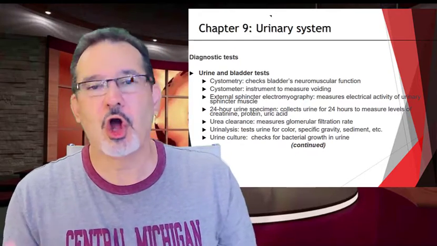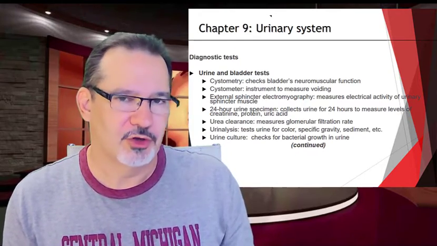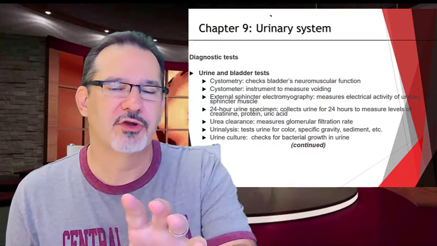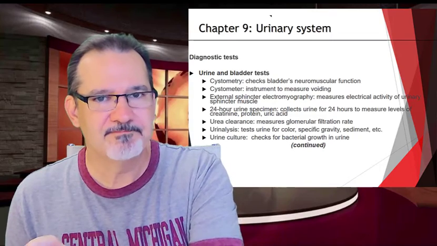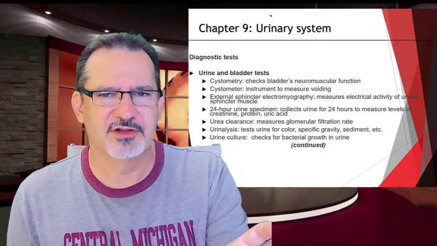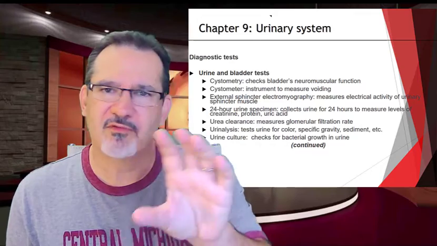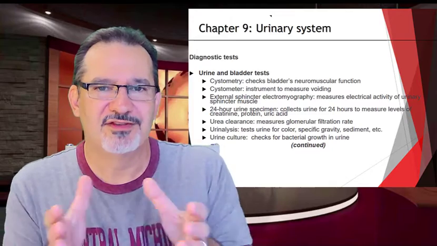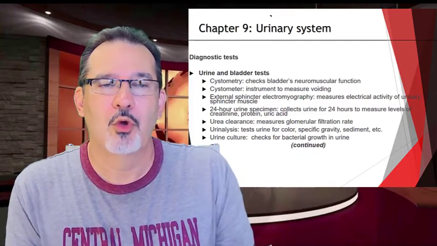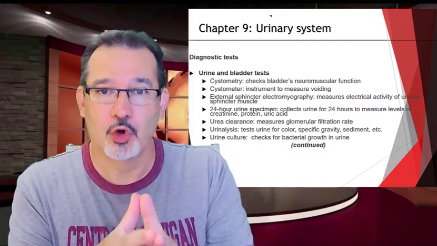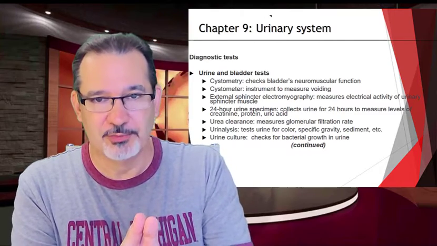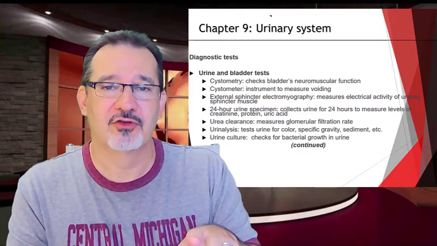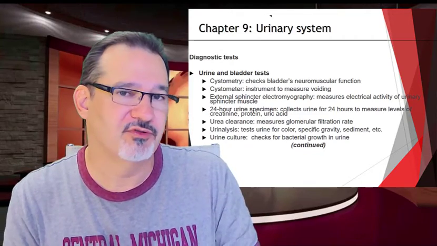Okay, and then urine cultures. Cultures are always looking to identify bacteria. Oftentimes with urine, we'll do a culture and sensitivity. I think we've talked about this a little bit before, but the culture will identify bacteria, and then the sensitivity part will tell us what antibiotics work to fight that particular bacteria that the patient might have, and what antibiotics or drugs will not do anything for that particular bacteria.